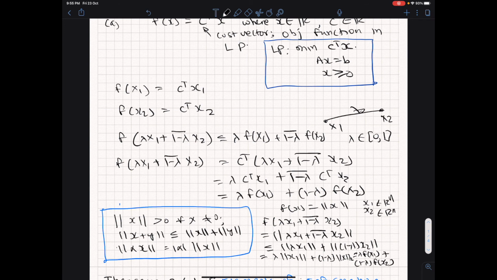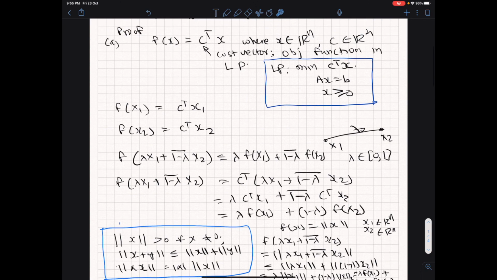And what is propagating here? The triangle inequality. So therefore f of lambda x1 plus 1 minus lambda x2 is less than or equal to lambda times f of x1 plus 1 minus lambda times f of x2, which basically means that the function is convex.